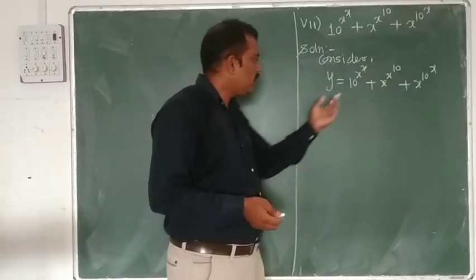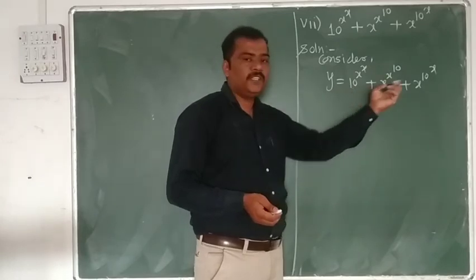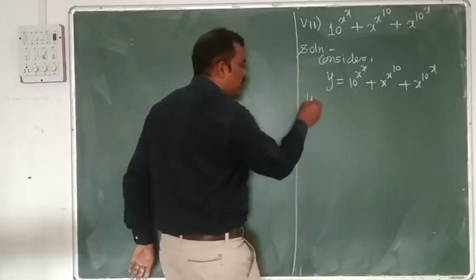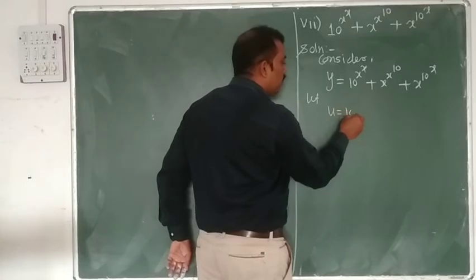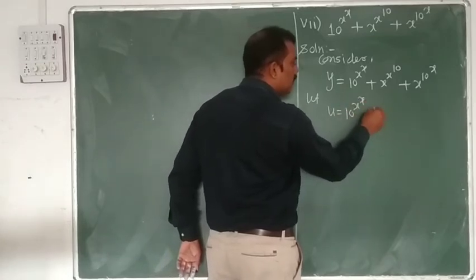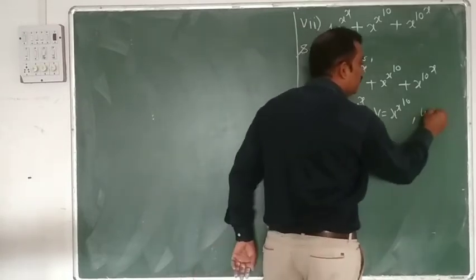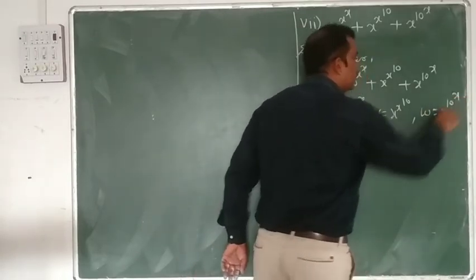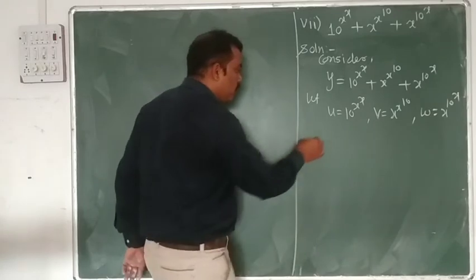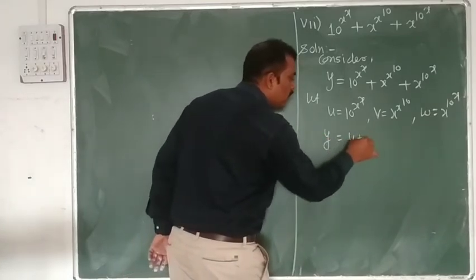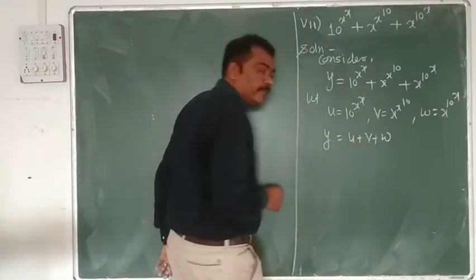Now we have to assume that the first term is u, the second is v, and the third is w. So let u is equal to 10 raised to x raised to x, v is equal to x raised to x raised to 10, w is equal to x raised to 10 raised to x, so that y is equal to u plus v plus w.